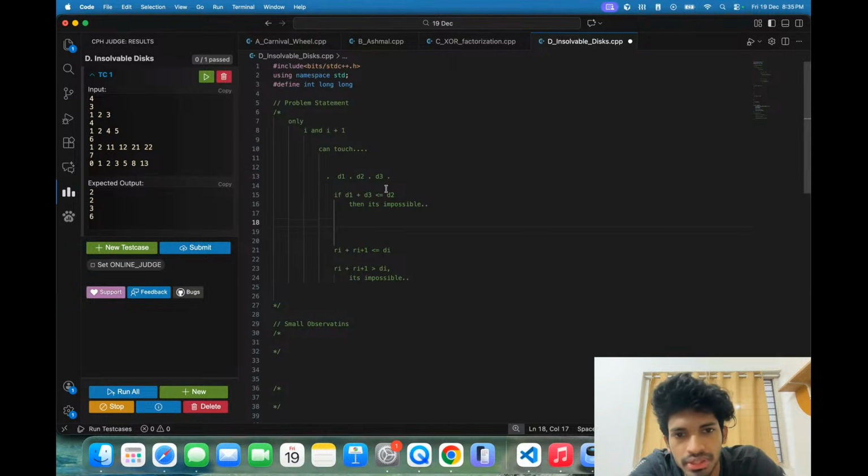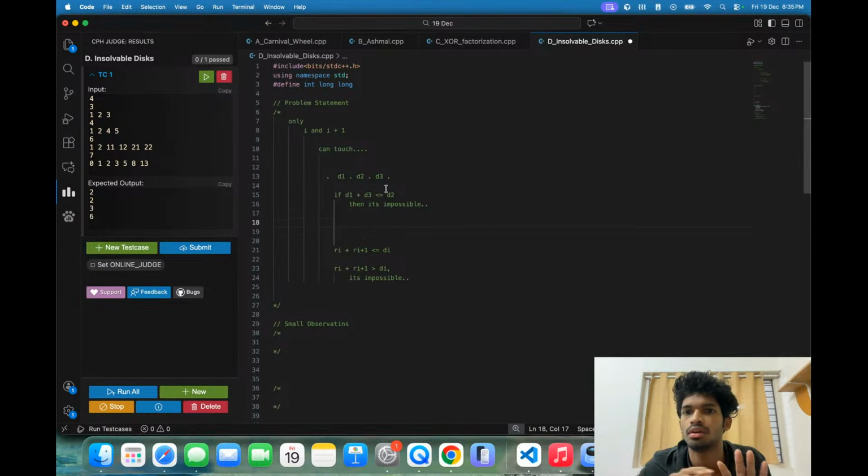If that doesn't happen, you can always increase all of them. You can increase all of them one by one. Okay, imagine this process. You're increasing all radiuses one by one, slowly. Now few things touch.